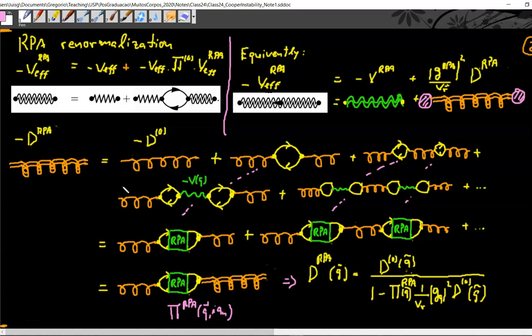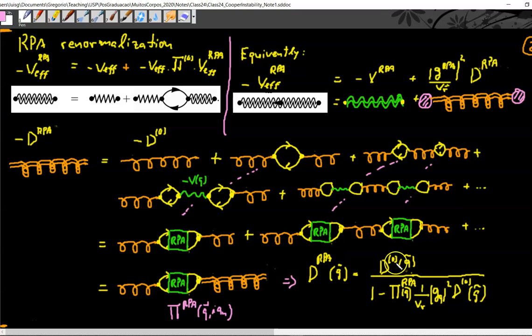So now if I take this series and write this as a Dyson's equation, I just take this part here, and notice that this is the same repetition of diagrams here. This is exactly minus the RPA, and this is the renormalized bubble diagram. Then the Dyson's equation becomes something like that.